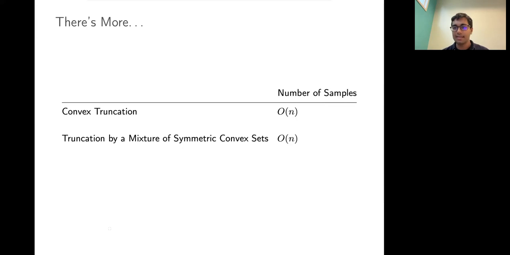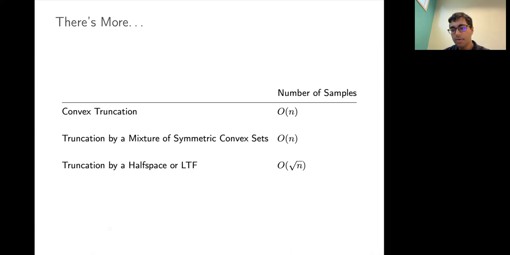So we can handle this harder version of the problem, but for a slightly restricted class of convex sets, namely symmetric convex sets, with the same amount of sample complexity. And we can also handle truncation by half spaces or linear threshold functions with square root n sample complexity. A half space is, again, a very simple class of objects, and maybe the first convex set we think of when we think of convex sets. You could do this with square root n samples.